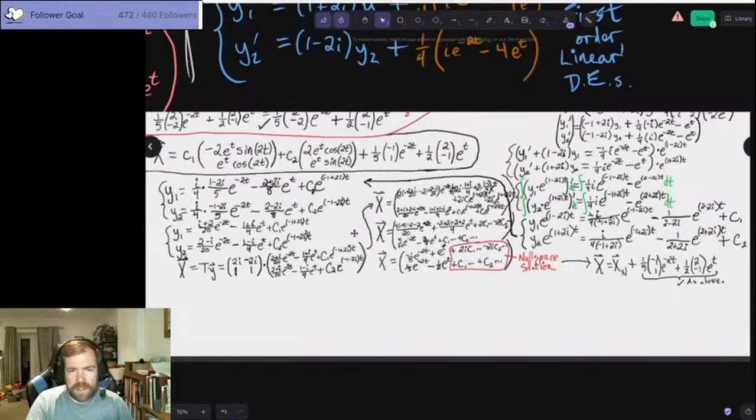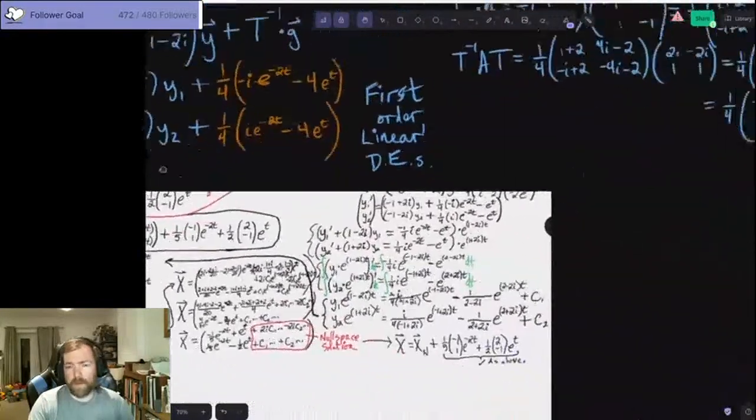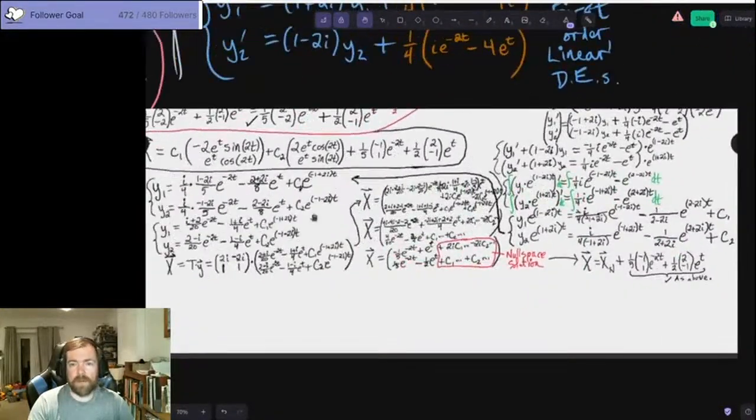Right, e to the t sines and e to the t cosines in some arrangement, and then figure out what that's going to be. Okay, so we have our method of undetermined coefficients. We also have our matrix diagonalization method here.